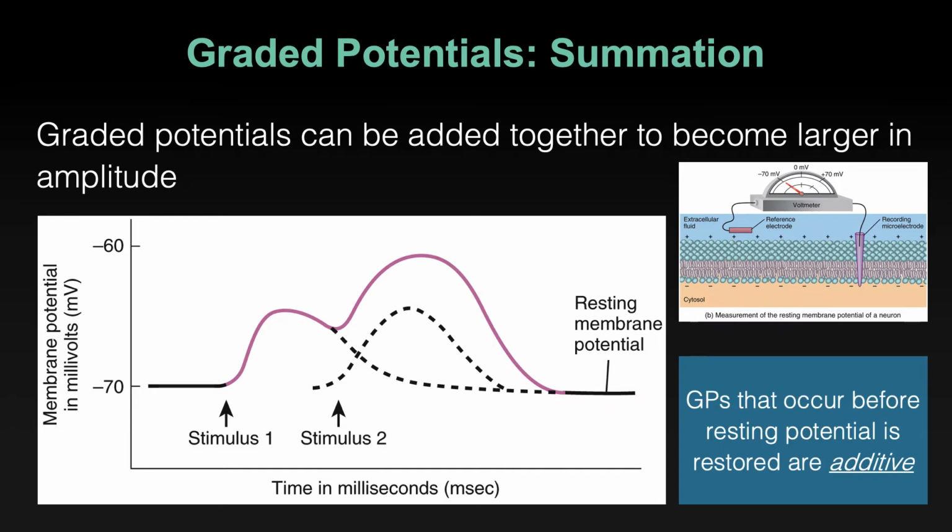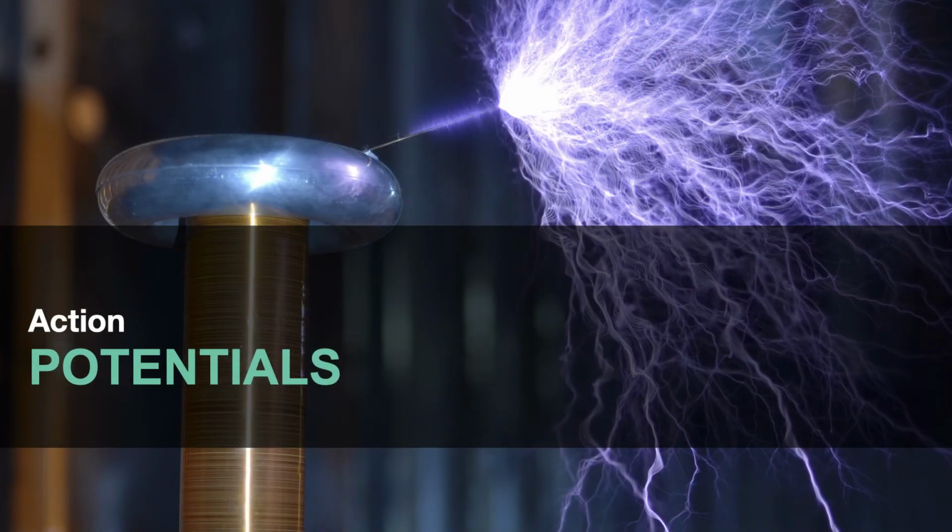You don't want to be sitting there and then jump out of your seat for no reason. It would be embarrassing, right? Threshold is like a fail-safe. Only when you reach threshold will the neuron activate and an action potential be sent.